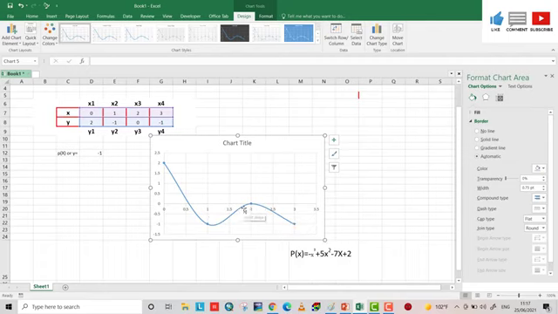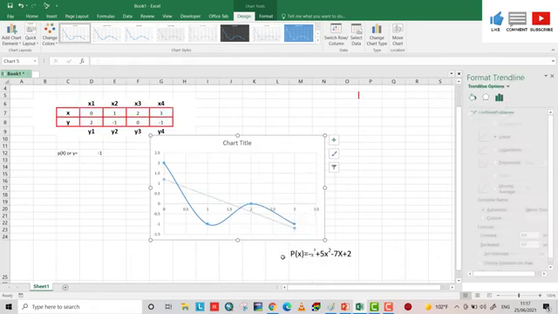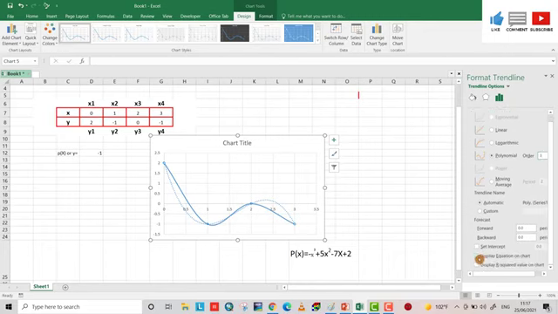And also, if you select the curve and right click, you can add a trend line. Also choose the polynomial because we found the polynomial function, so a third degree, and display equation. Okay, you see we get the same polynomial function by Excel, because Excel uses the same principle which we found by calculation.